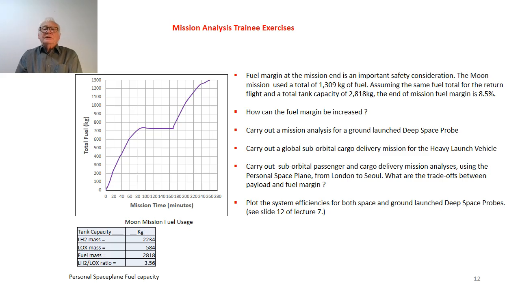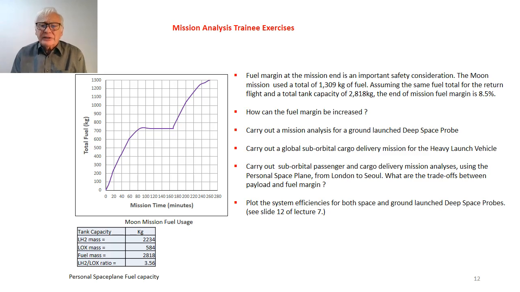So if you assume that the same fuel is used for the return flight, the total fuel margin you're left with at the end is only 8.5%. This might seem a bit low for a tourist flight to the moon, so it would be interesting for you to look at how you can improve this fuel margin, in spite of the fact that if you did run out of fuel, we could fairly easily launch a space rescue mission.